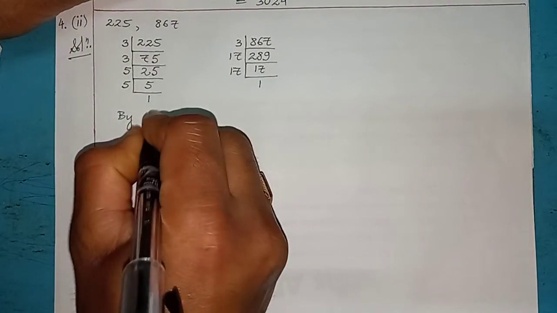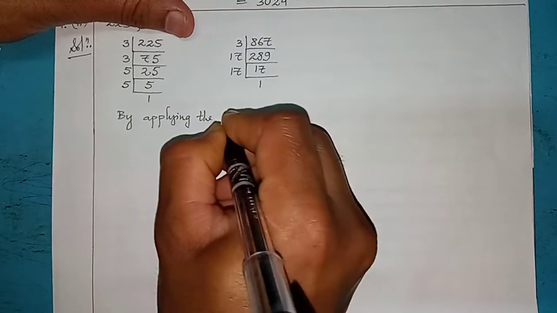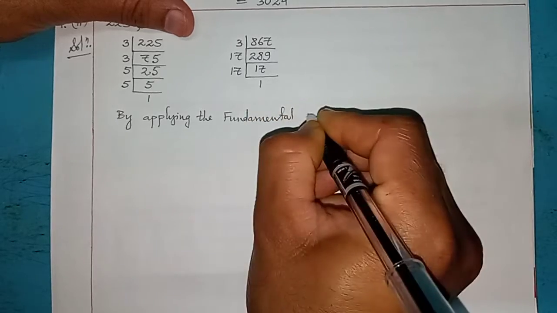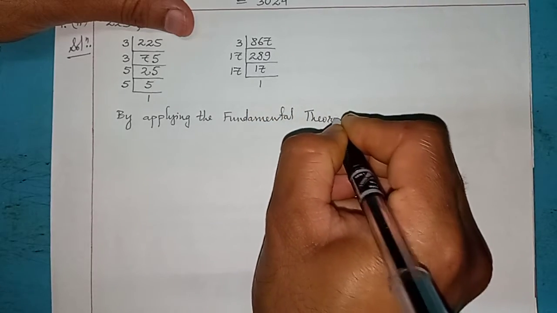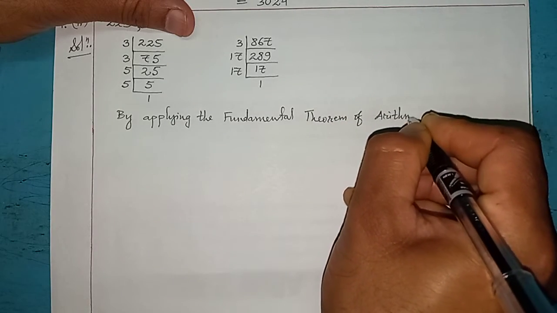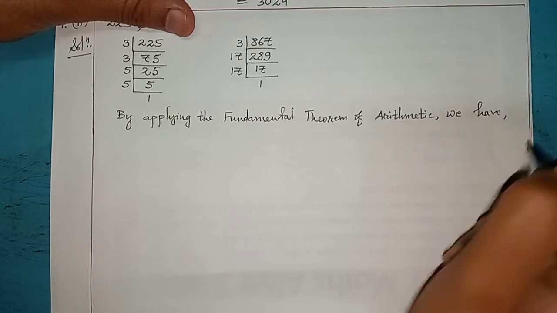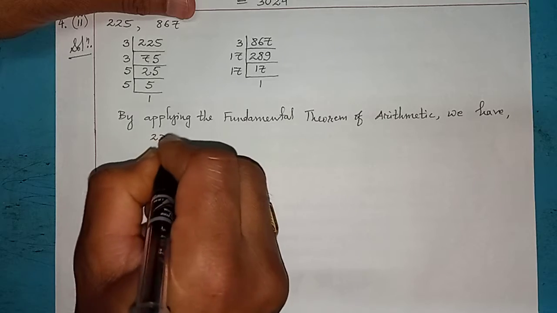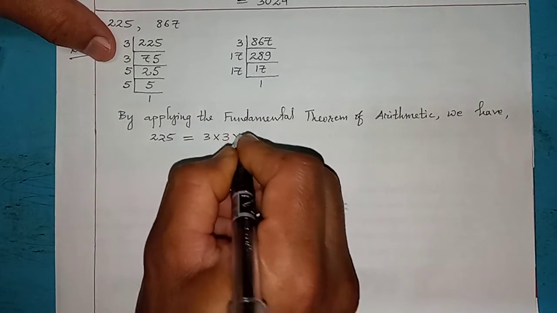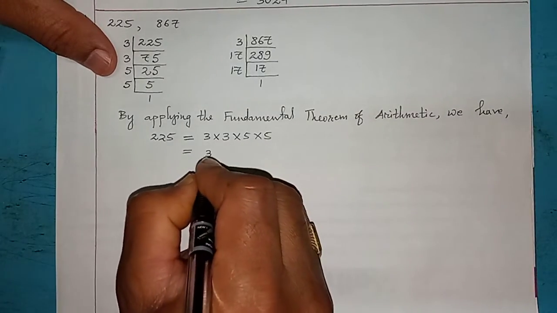Therefore, by applying the fundamental theorem of arithmetic, we have, so what do we have? 225, this composite number, can be expressed as the product of prime factors, 3 into 3 into 5 into 5. 3 is a prime factor.